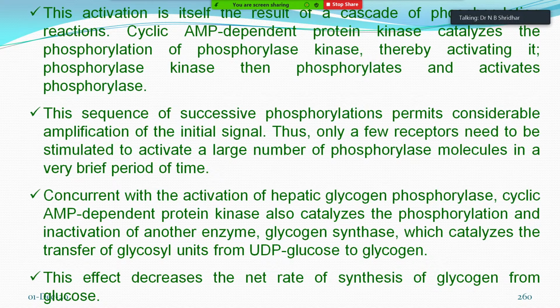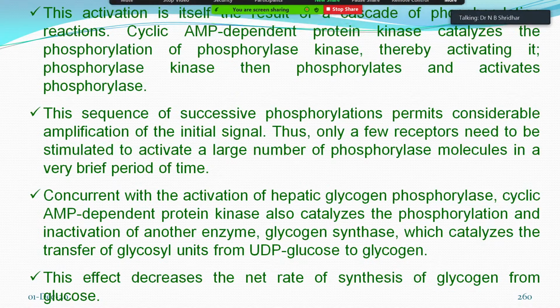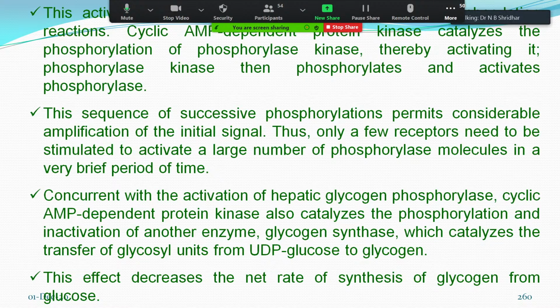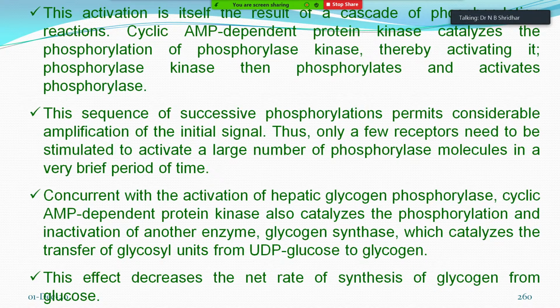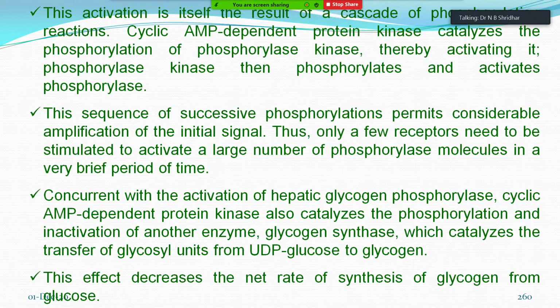We are understanding that all the receptors need not be activated by the norepinephrine itself. Instead, only a few of the receptors may be activated by a specific transmitter, and there is initiation of post-junctional activity. Concurrent with the activation of hepatic glycogen phosphorylase, cyclic AMP mediated protein kinase also catalyzes the phosphorylation and inactivation of another enzyme, glycogen synthase, which catalyzes the transfer of glucosyl units from UDP glucose to glycogen.